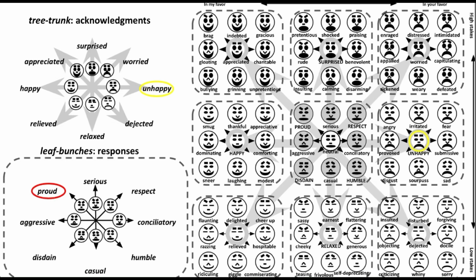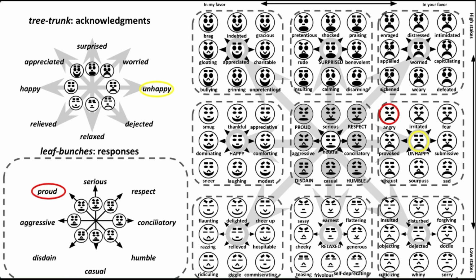In this case, we're going to move up and to the left within the right side region, shown like this. If you're expressing unhappy and also expressing pride, that means that in totality, you're angry. Said the other way, angry just is a combination of the unhappy expression with that of pride.